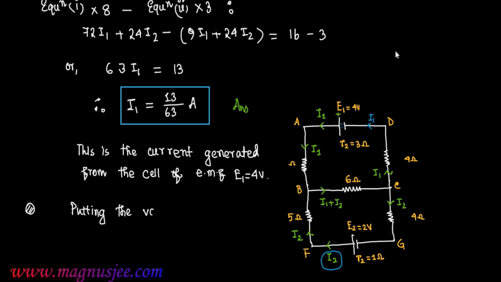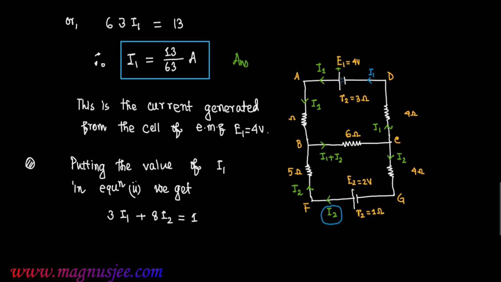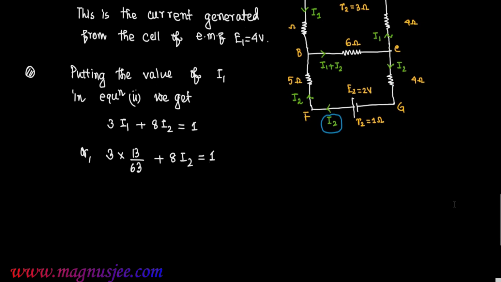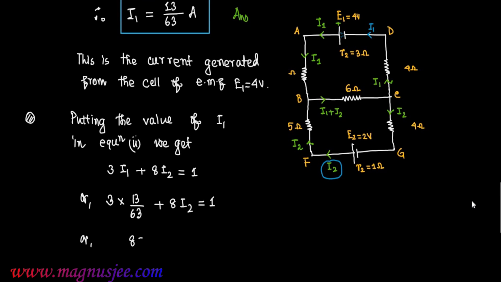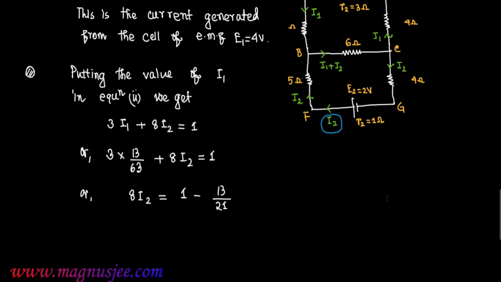Putting the value of I1, which is 13 by 63 ampere, in equation 2, we get 3I1 plus 8I2 equals 1, or 3 into 13 by 63 plus 8I2 equals 1, or 8I2 equals 1 minus 13 by 21.